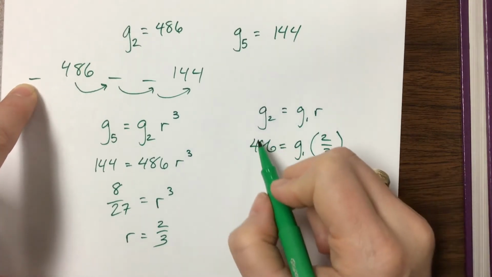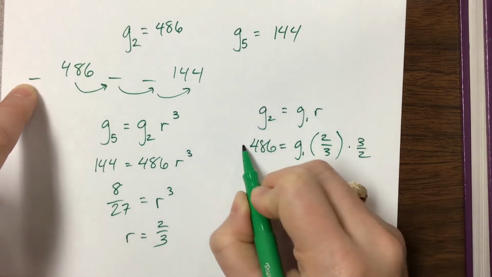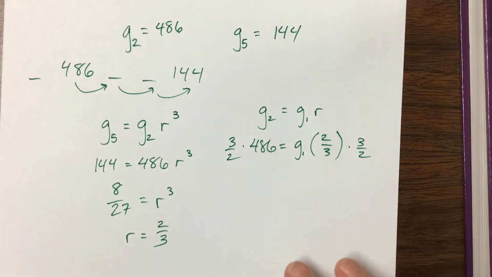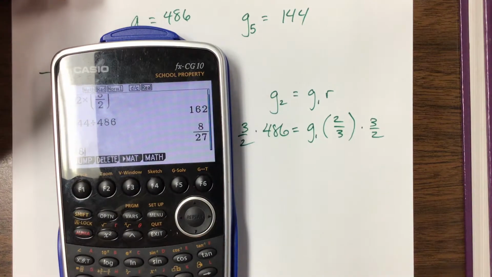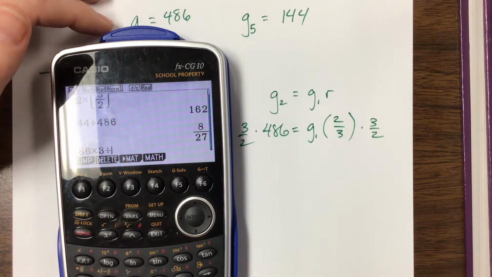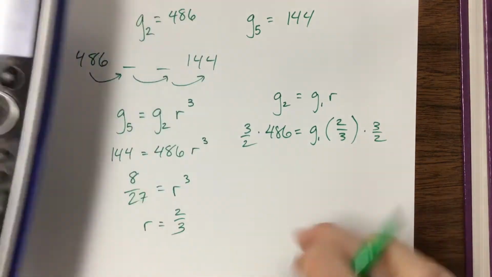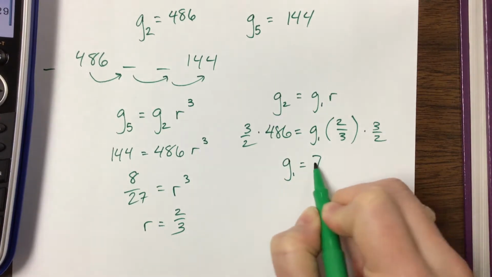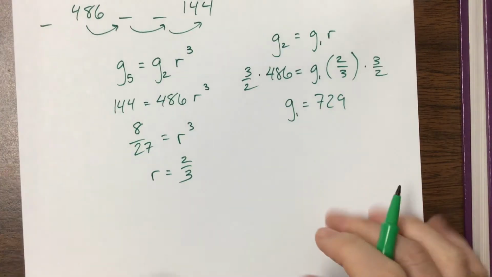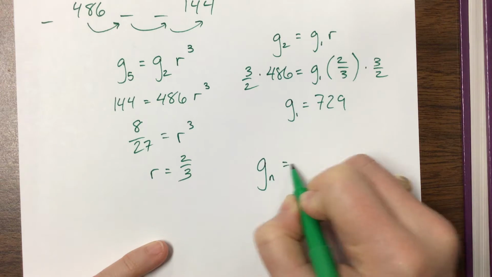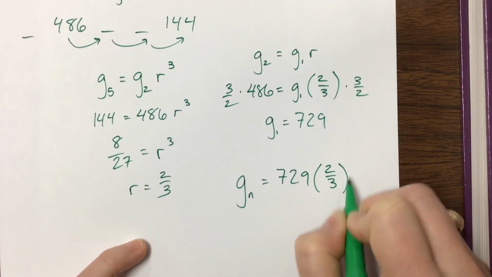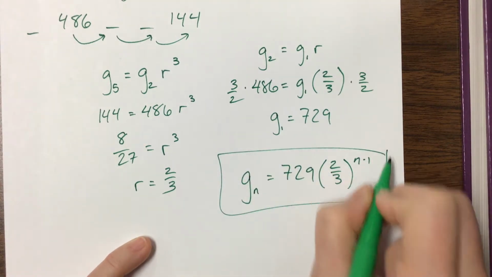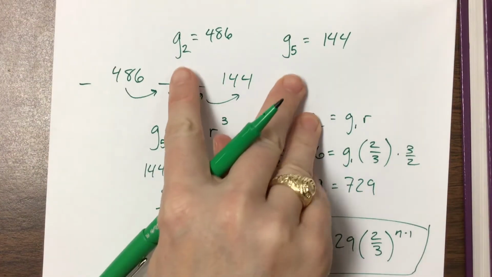So now if I multiply both sides by 3/2, if I'm going too fast, put me on half speed. 486 times 3/2 gives me g sub 1 is equal to 729. So now I write my rule: g sub n is equal to g sub 1 times r to the n minus 1. And that becomes the rule if they have given me 2 random terms.